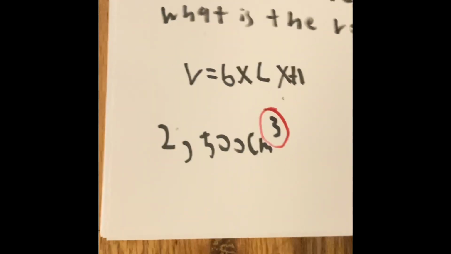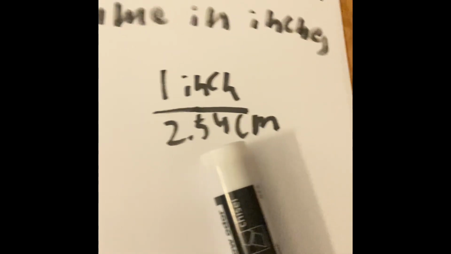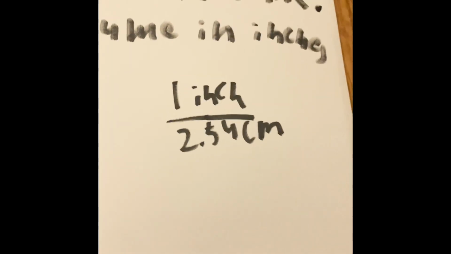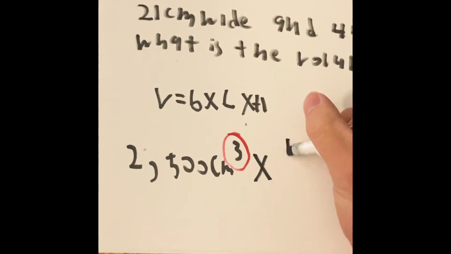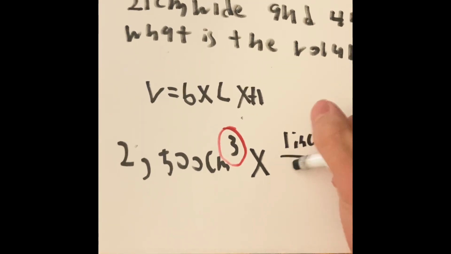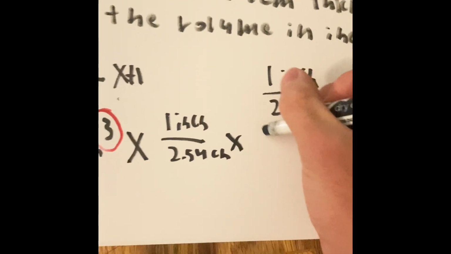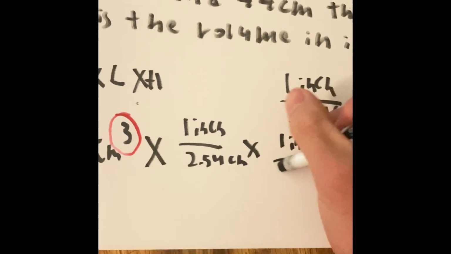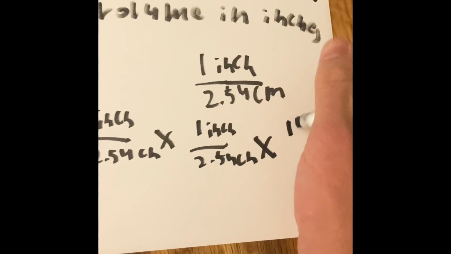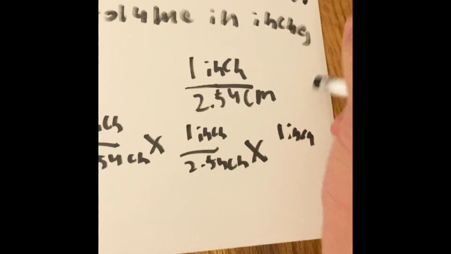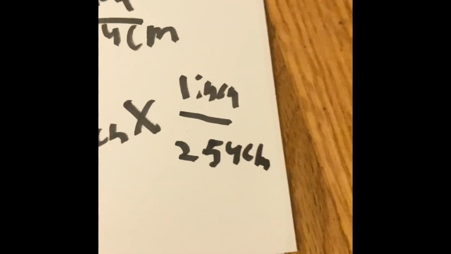Aha! About the number 3 that we circled, we have to repeat the same step of that converter 3 times. So we multiply by 1 inch divided by 2.54 cm, multiply again by 1 inch divided by 2.54 cm, and multiply again by 1 inch divided by 2.54 cm.